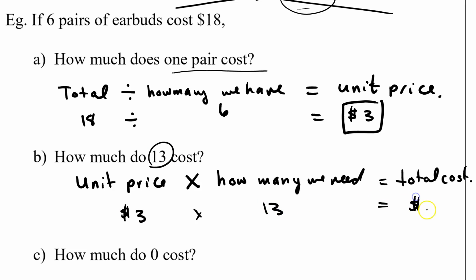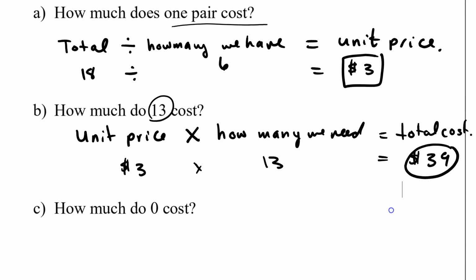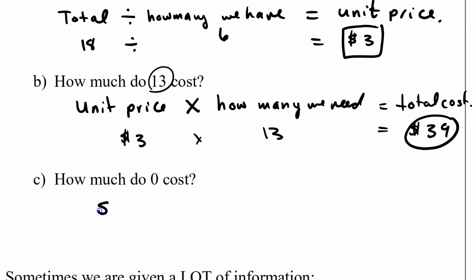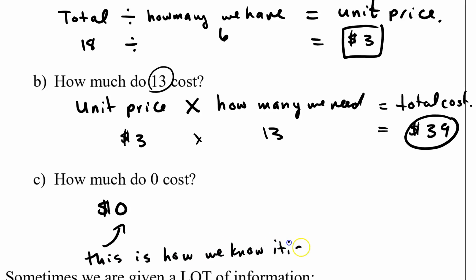We get a total of $39. How much does 0 cost? Well, it's $0. So this right here, this is how we know it is a proportional relationship.